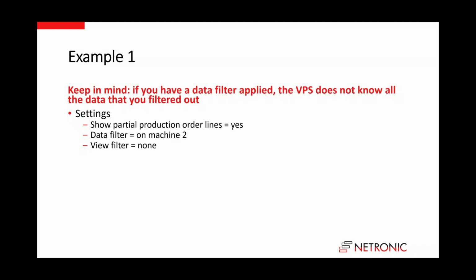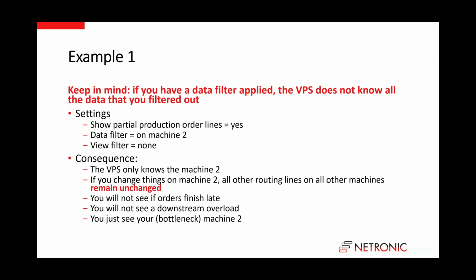We filter on machine 2, and there is no view filter. The consequence is the VAPS only knows machine 2. If you change things on machine 2, all other routing lines and all other machines remain unchanged. So you will not see if orders finish late, and you will not see a downstream overload. You just see your bottleneck machine 2. This is how it works.